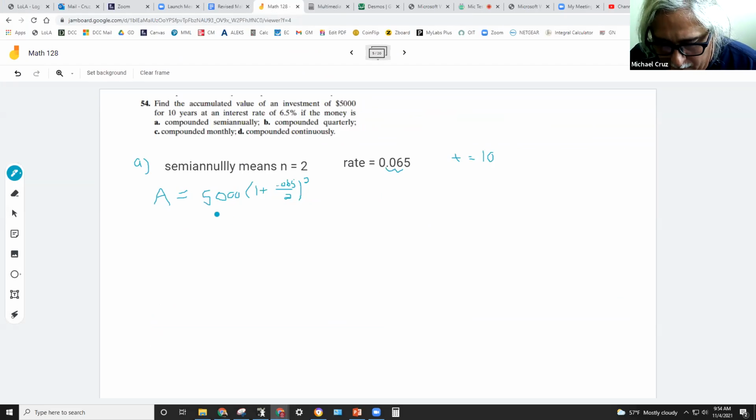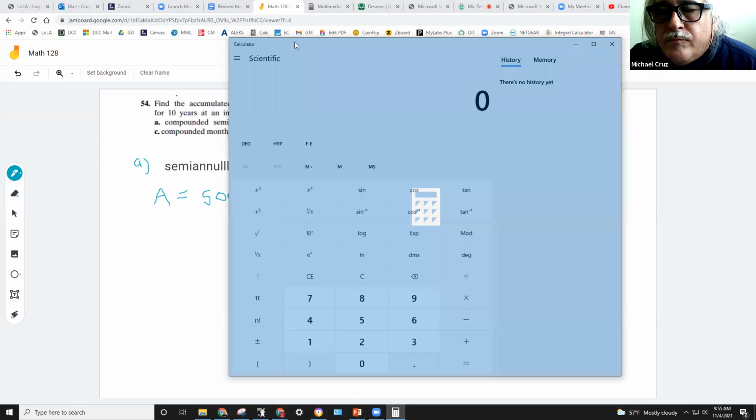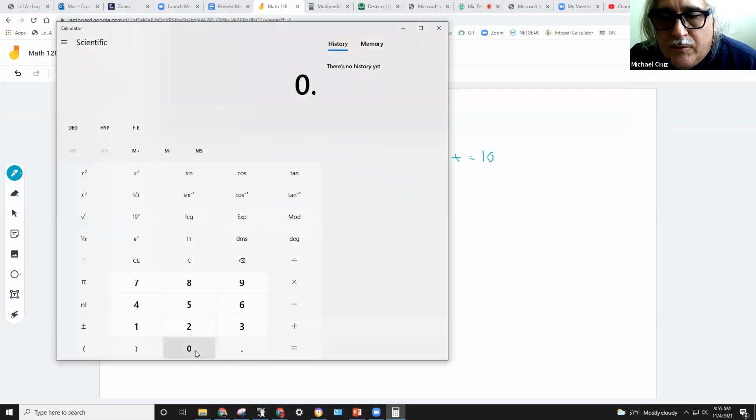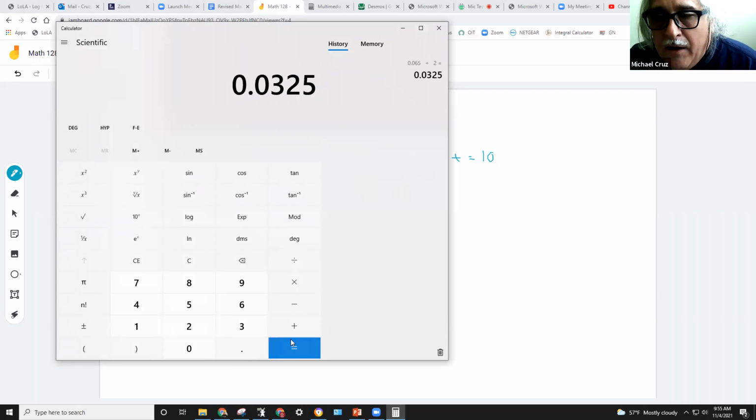All right, so when we do this, this is going to be equal to 5,000 times the base. The way I would do it on my calculator is take the 0.065 divided by 2, and then add that to 1.